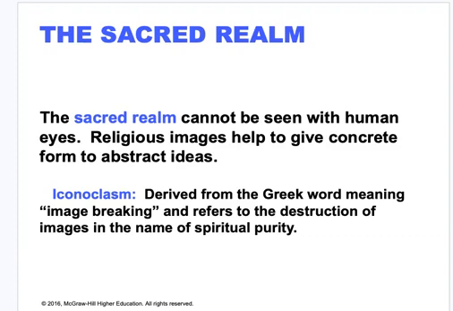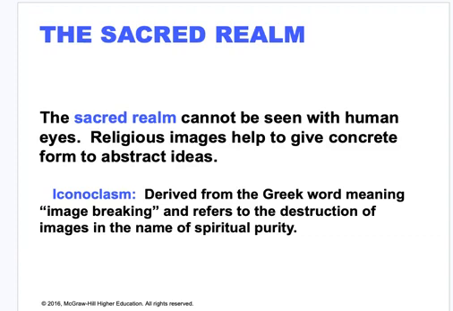So what I've written here is the sacred realm cannot be seen with human eyes. Oftentimes they are religious images, and they help give concrete form to abstract ideas. Now you may have something in your brain that said, hey, we've learned about this before. Yes, in chapter 1, we were talking about what artists do, and one of the things that artists do is they give tangible form, touchable, seeable form to the unknown.